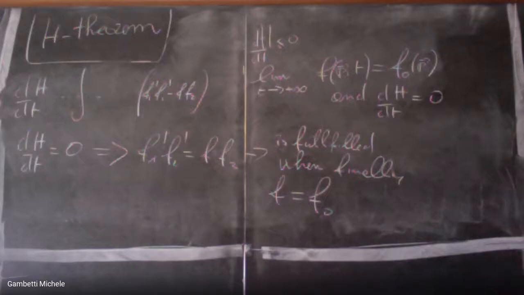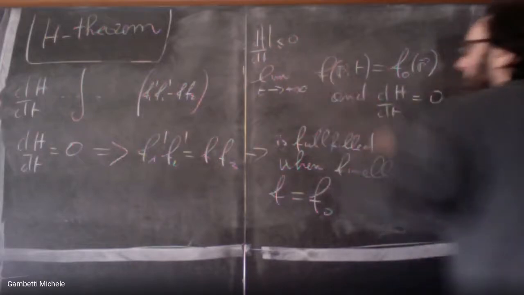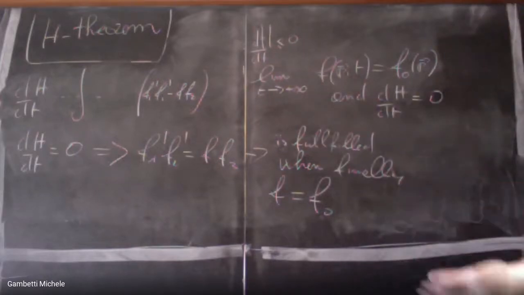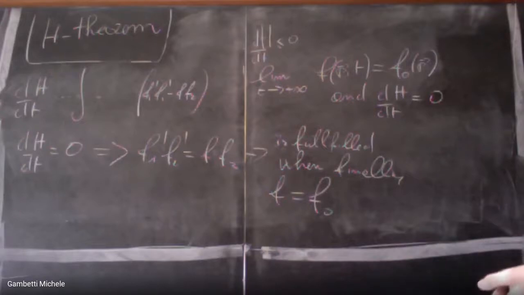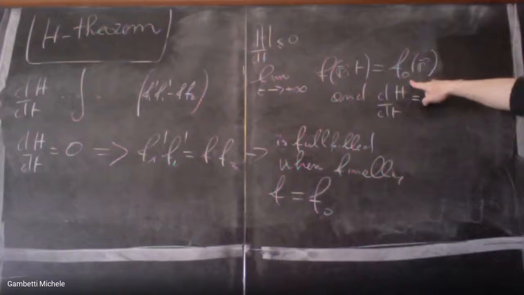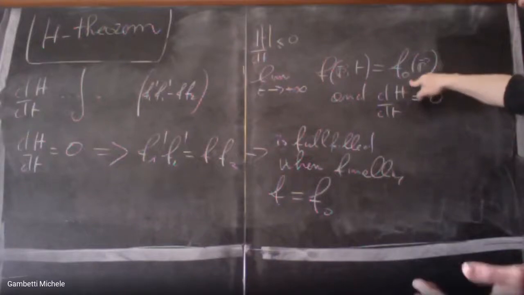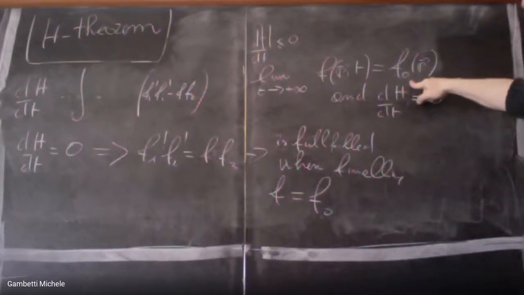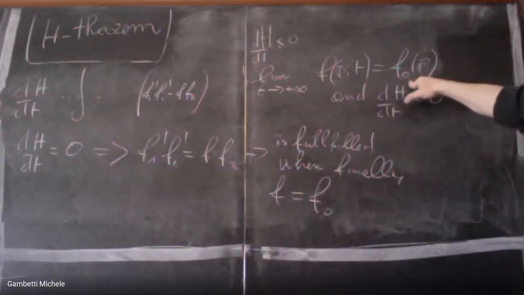And then when the derivative is eventually 0, that corresponds to the solution f0, the stationary solution of the Boltzmann equation, which we know from last time is indeed the Maxwell-Boltzmann distribution for the velocity.